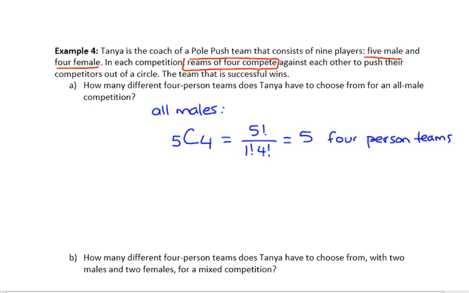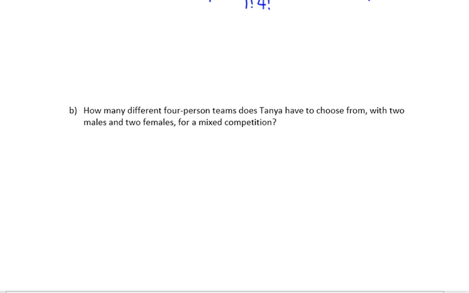Now the next one says how many different 4-person teams does Tanya have to choose from with 2 males and 2 females? Again, you can't repeat a person. What does "and" imply? Multiplication. We only use addition when we have "or", which is a situation where you have different cases.